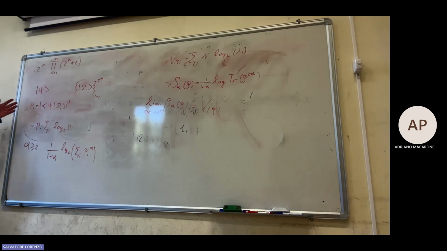If the entropy is 0, it means that there is one state in the stabilizer set that is the state that we take, because there is one coefficient equal to 1 and all the others are 0.